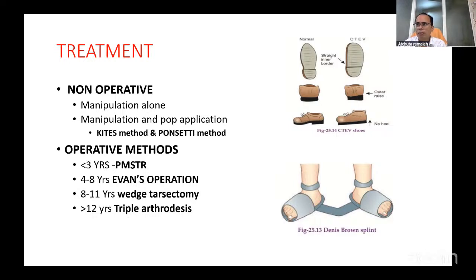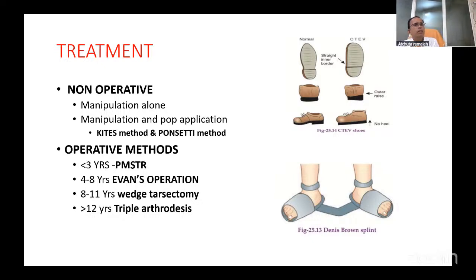So along with forefoot adduction, dorsiflexion, eversion and abduction, these three components are essentially addressed, which were neglected in Kite except for the forefoot deformity.